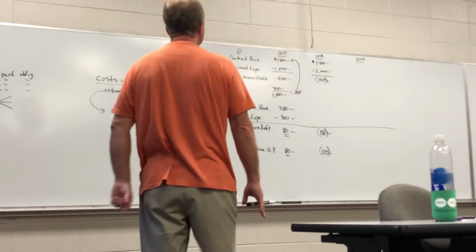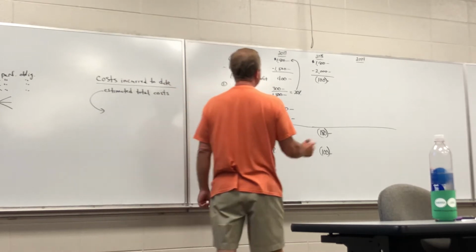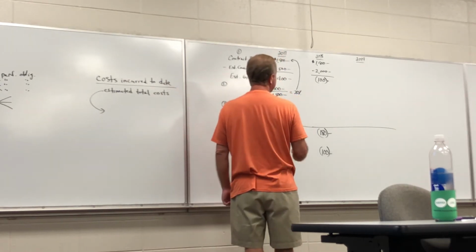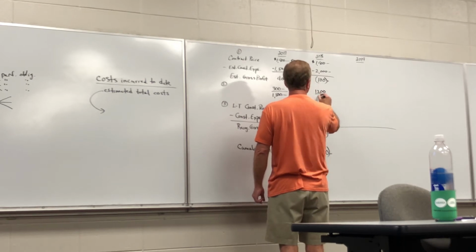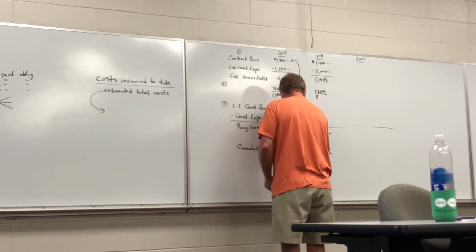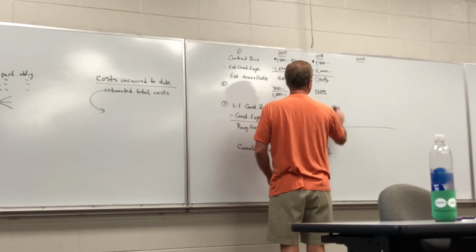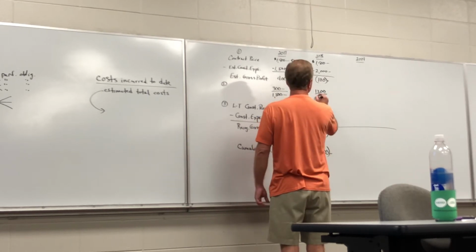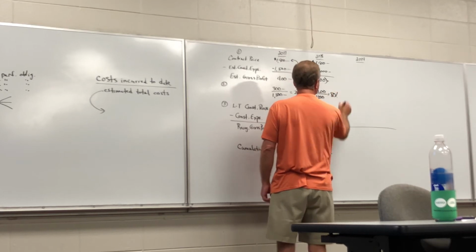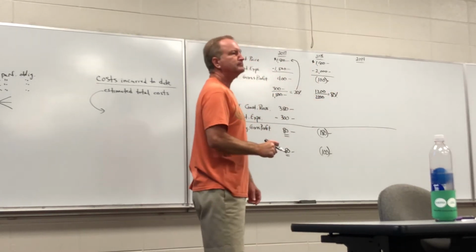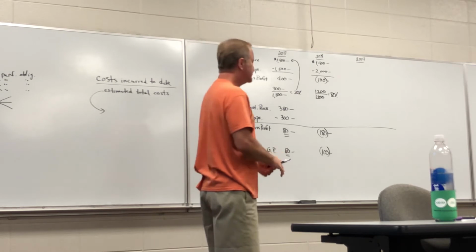All right? So now, we've got to do step 2, determine the percentage complete. This time, it is $1,200,000 divided by 2 million. That's 60%.